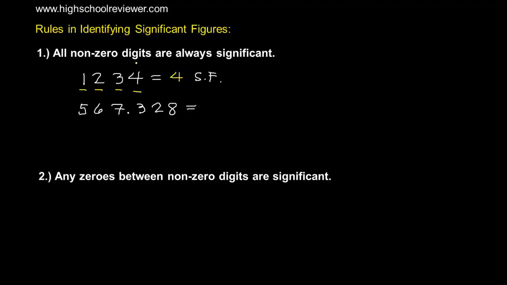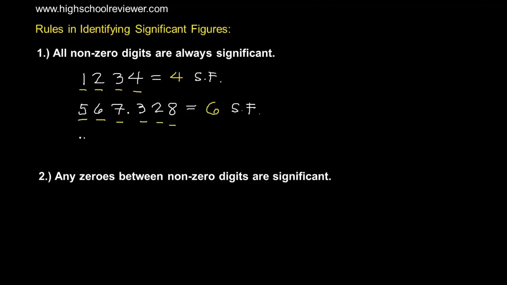All non-zero digits are always significant. So, since all of them are non-zero digits, they are all significant. So, we have here 1, 2, 3, 4, 5, 6. So, we have here 6 significant figures.